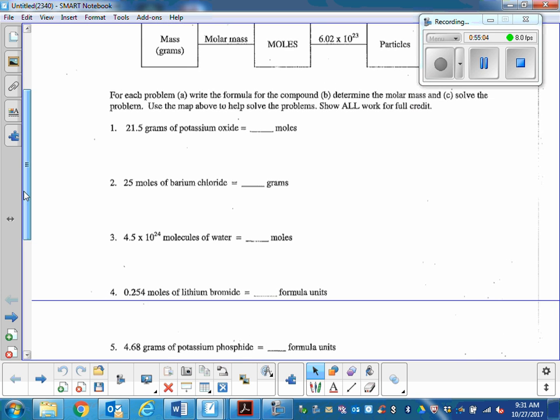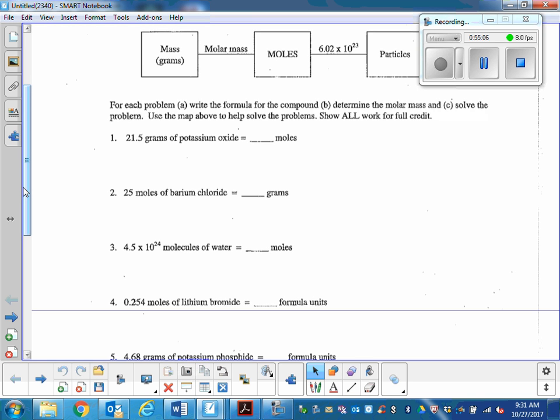So when you do conversions, you can convert grams into moles or moles into grams. Similarly, you can convert moles into particles, which can be atoms, molecules, formula units. Are we good? You can convert moles to particles or particles to moles. Do you go directly from grams to particles or particles to grams? You always have to convert into mole first. Are we good?